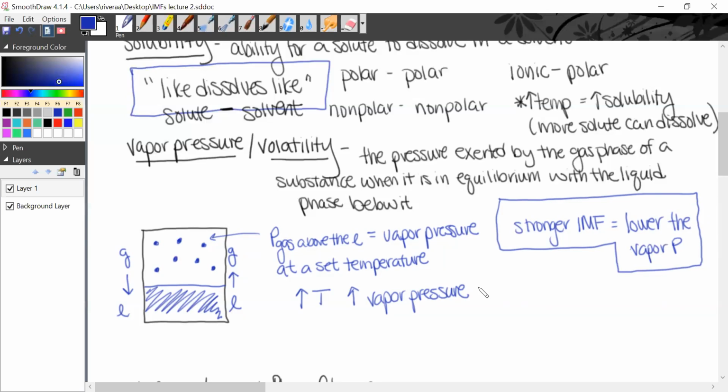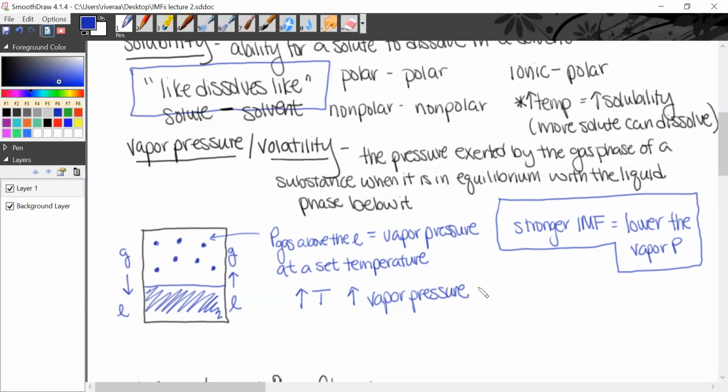Now notice, I'm not talking about full-on phase change here. I'm not talking about all of the liquid boiling and becoming a gas. I'm just talking about the particles at the surface, and we still do have a liquid phase.